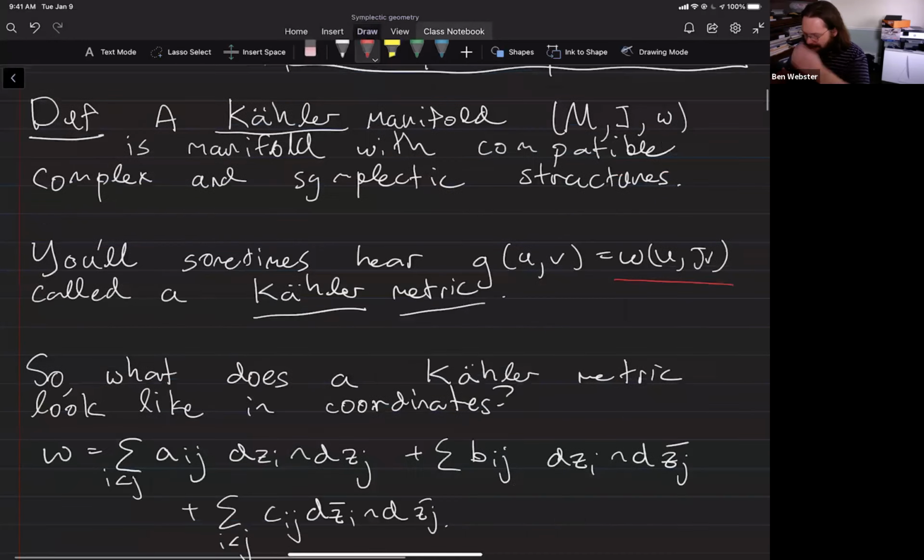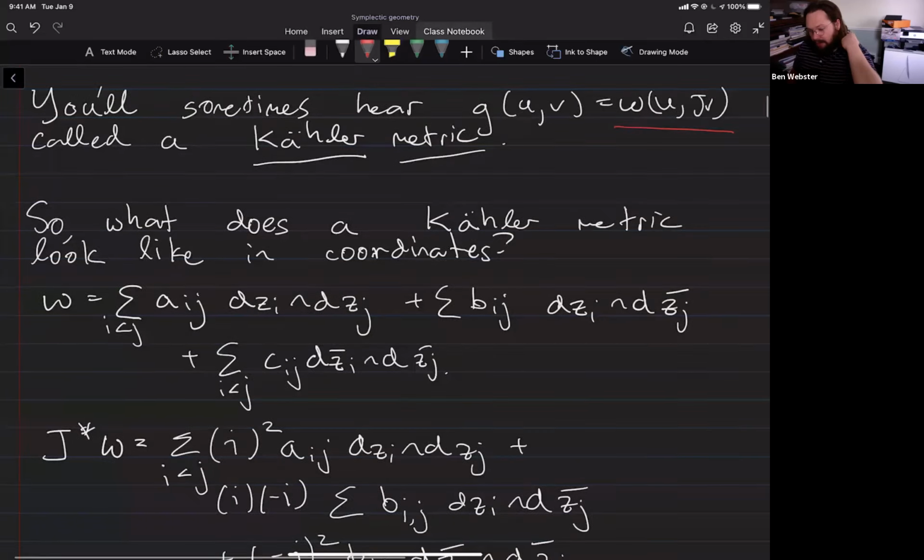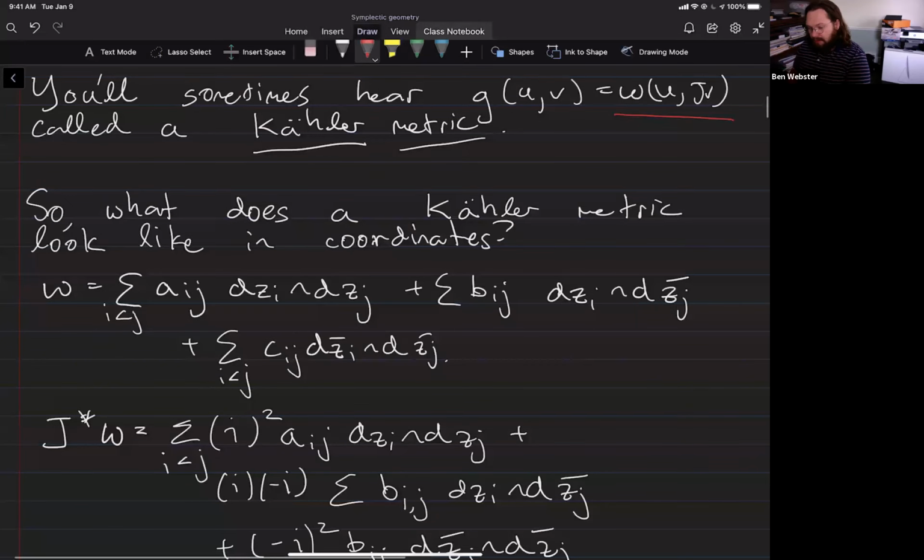Now, what does this look like when we actually write things out in coordinates? So I'm going to take omega. Omega is a real valued two form, but I can think of it as a complex valued two form with 0 imaginary part. And I can expand it using this expansion we had before. So I choose a complex set of coordinates around a point on my manifold.